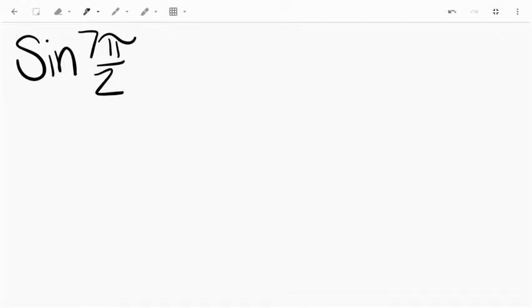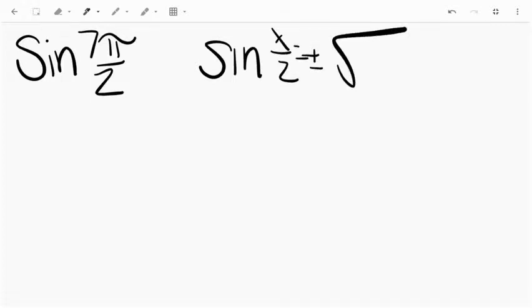To get started with this, you're going to plug it into the sine function, which is, again, sine of x over 2 equals plus or minus the square root of (1 minus cosine x) over 2.